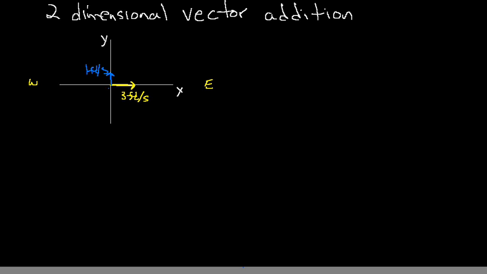If the guy is walking along the x-axis to the right and the wind's blowing him northward, then the end result, if I went over to this arrowhead and drew it like that, and drew it down here and made a little box, then from the origin the result would be a vector going in this direction, and that is my result, or resultant vector, which is the addition of the yellow plus the blue.